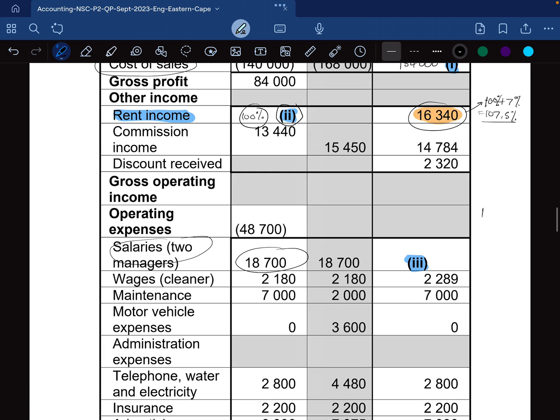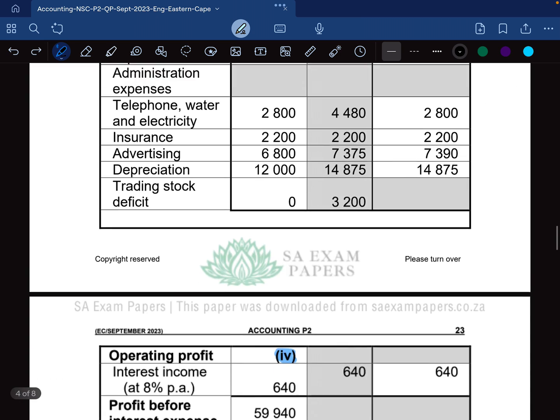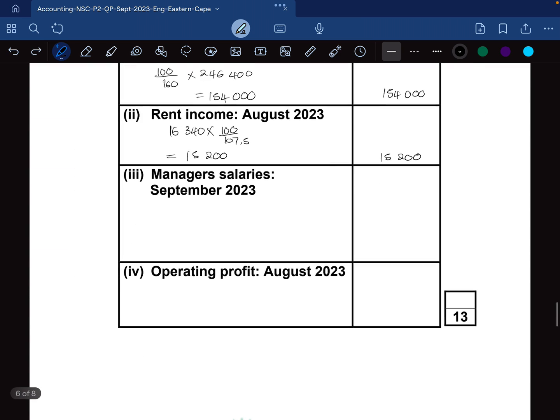So we are going to take the 18,700. Okay, let's come onto the answer sheet. So we're going to take the 18,700 and reduce it by 300 so that we can see how much they both earn. Right, so 18,700 minus 300, which is 18,400.